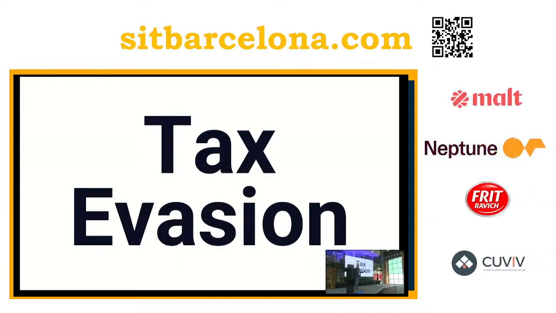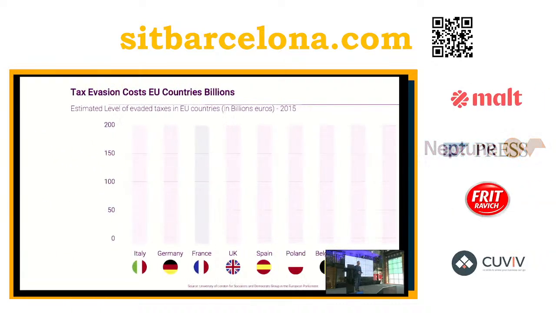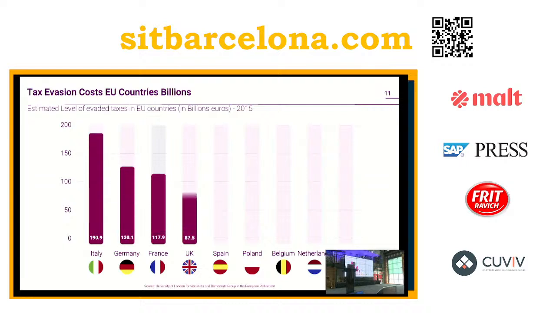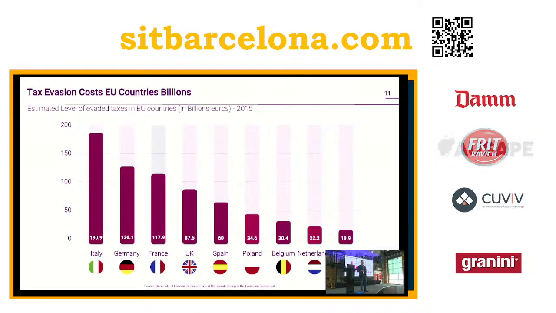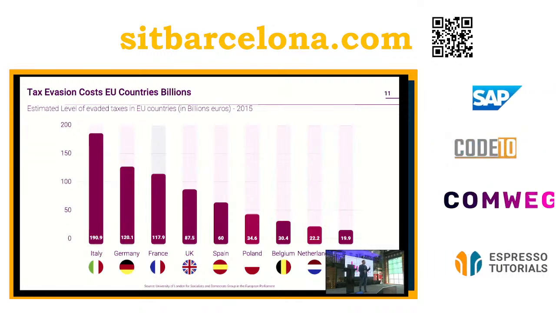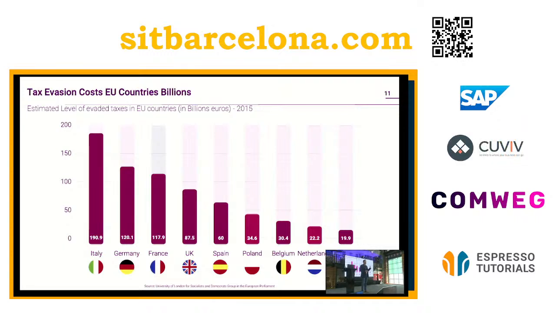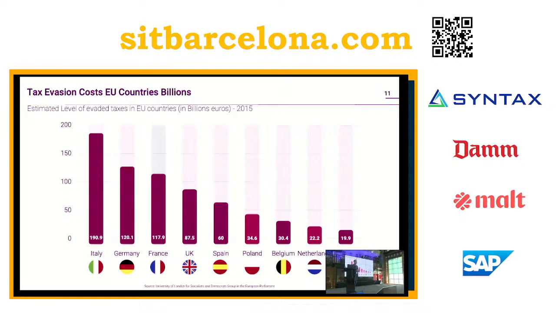Well, it doesn't matter. Okay, guys, it's easy. It's Italy, and in second place Germany. Of course, because they have a bigger economy, the tax evasion is higher. But Italy is losing 190 billion euros to tax evasion, and this data is from 2015.